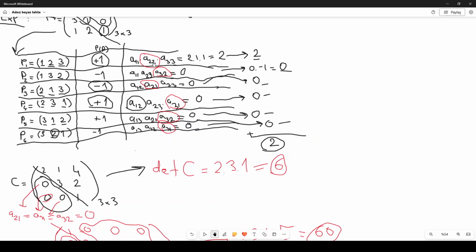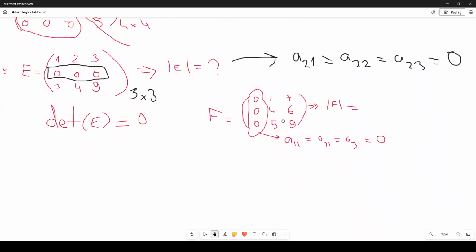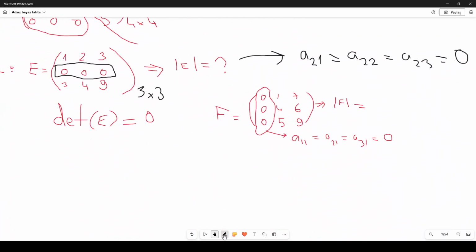So in each multiplication here in the table, at least one value would be equal to 0, which makes all the multiplications equal to 0. Summing up all zeros, again a 0. So if we have a 0 column, the determinant is again equal to 0. This is another key observation, guys, that we should be aware of.